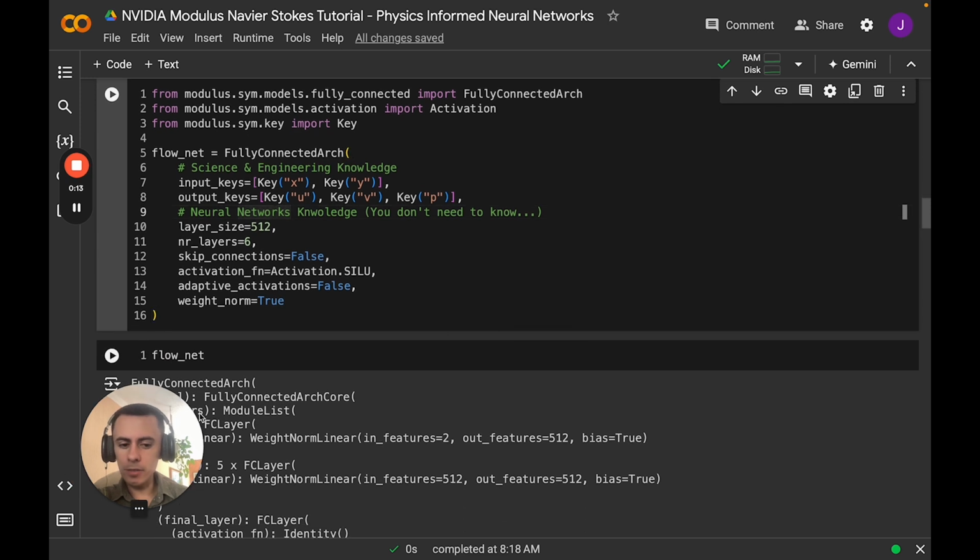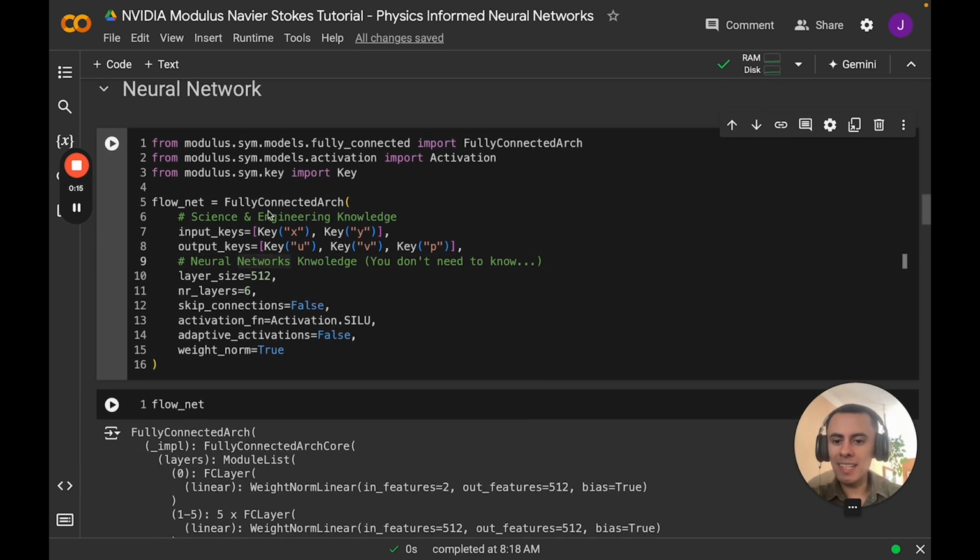The part we care about is loading the fully connected architecture model. So when it comes to loading a model from a file, what you're really loading in general from a PTH file, you're hoping to load the weights. So when it comes to neural networks, you have the architecture.